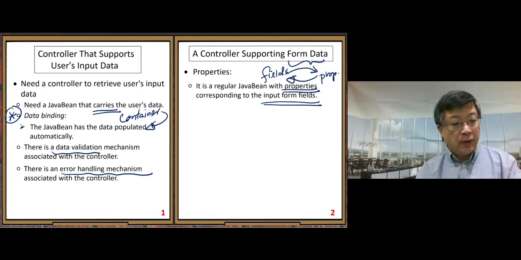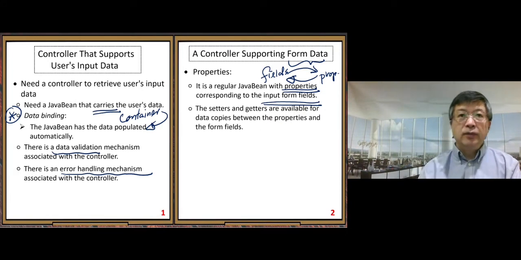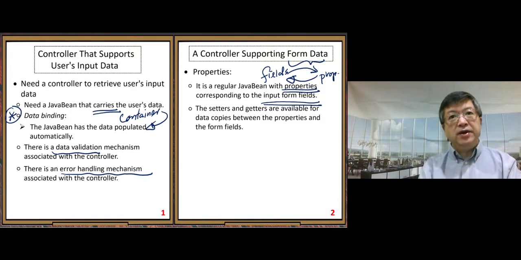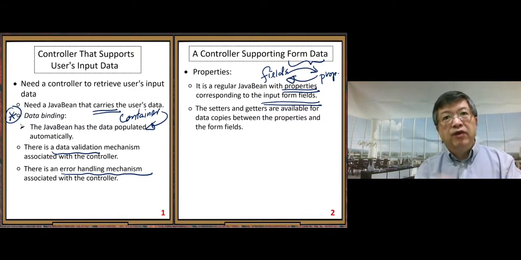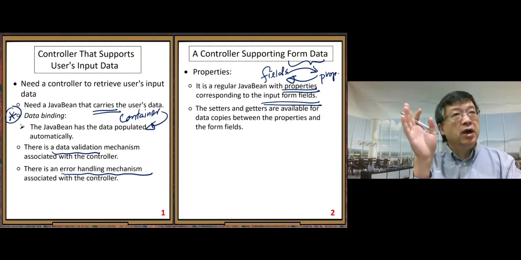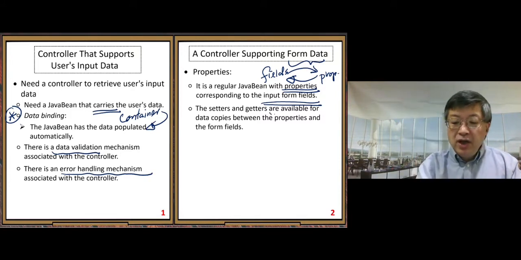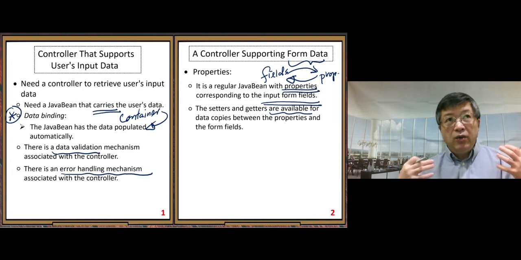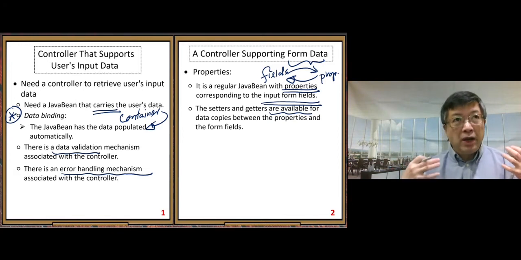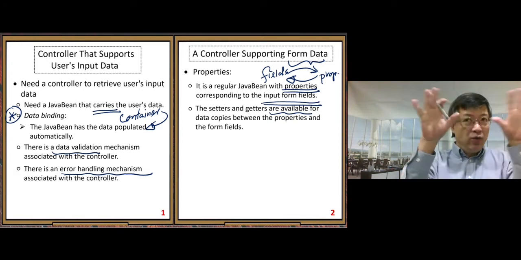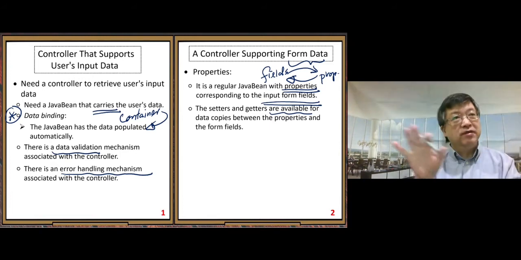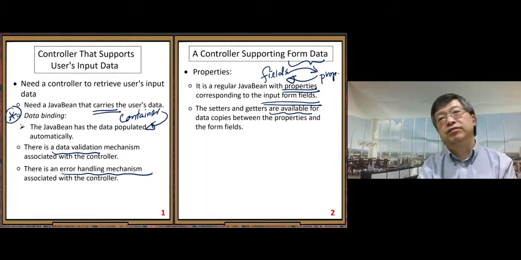Next, the setters and the getters are available for data copies between the properties and the form fields. Available here means we, as programmers, need to make the setters and getters available.